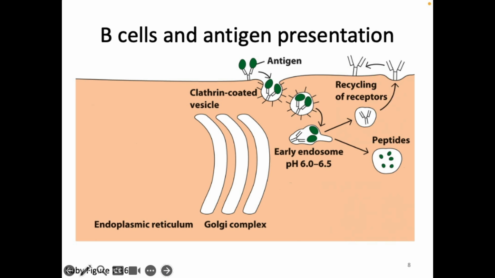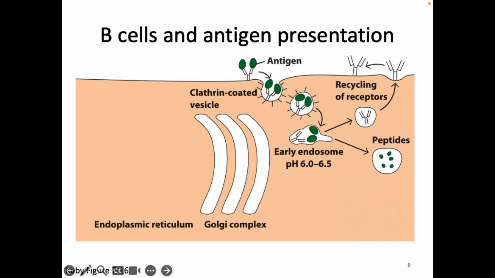And so what you can see here is that when we do receptor-mediated endocytosis, our antigen is binding to the B cell receptor, and then we're internalizing the B cell receptor and the antigen. They're eventually going to get separated, and the B cell receptor is going to get recycled back up to the surface of the cell while we do other stuff with the antigen that was bound.